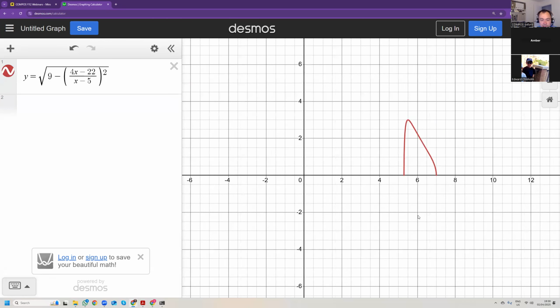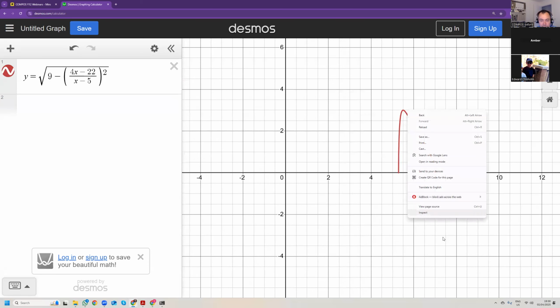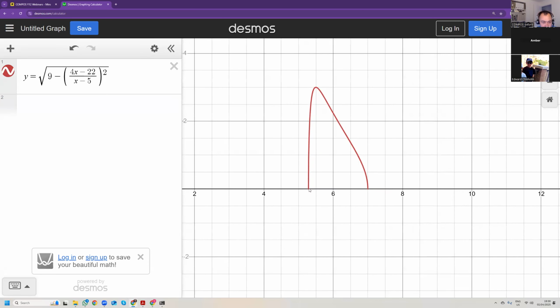And you can see clearly that the function only exists between this value and this value, from 37 over 7, roughly, to 7.